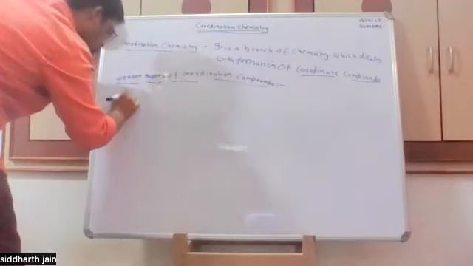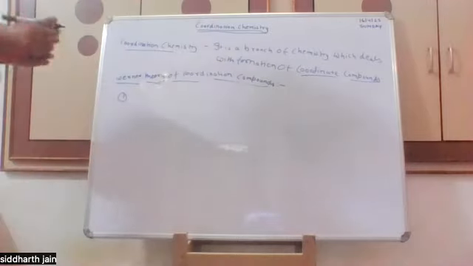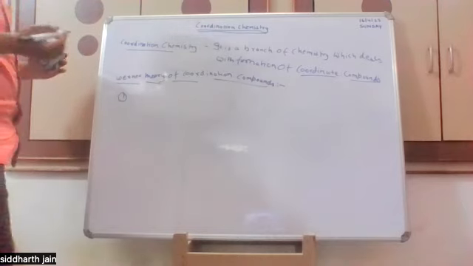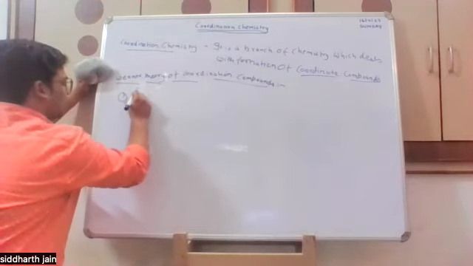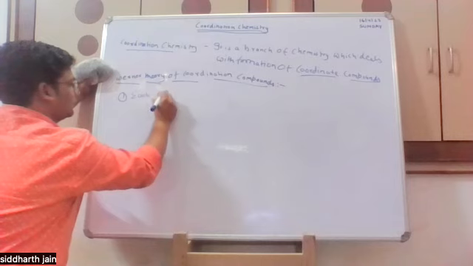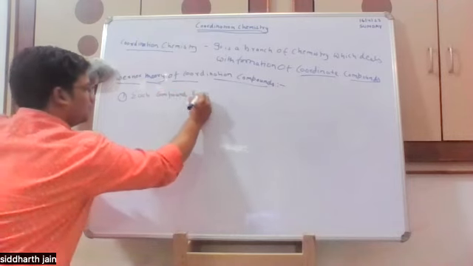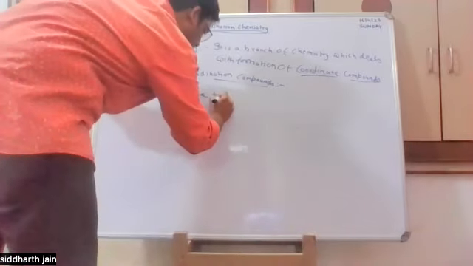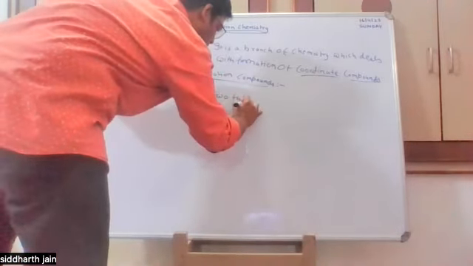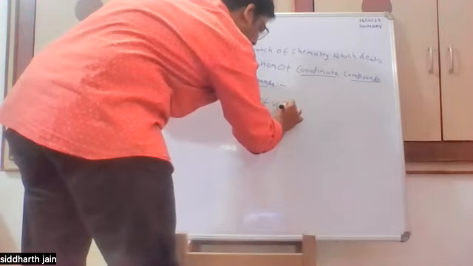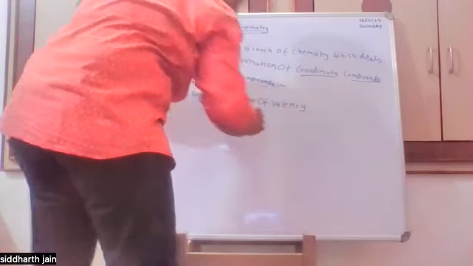So, the first point in Werner's theory is that he told that each compound has two types of valencies. What are these two types?